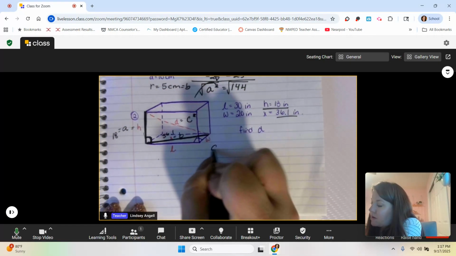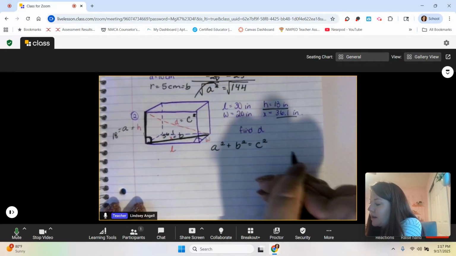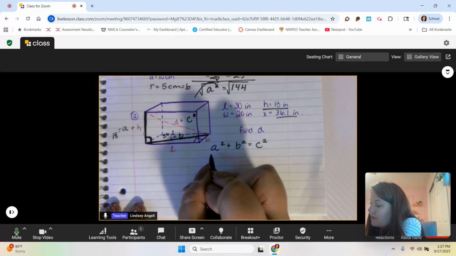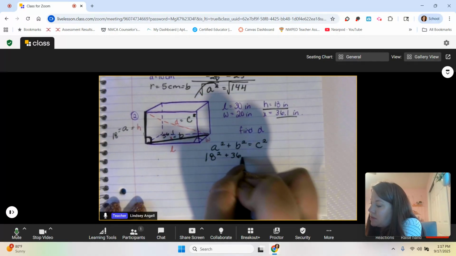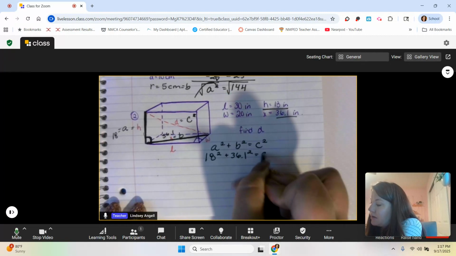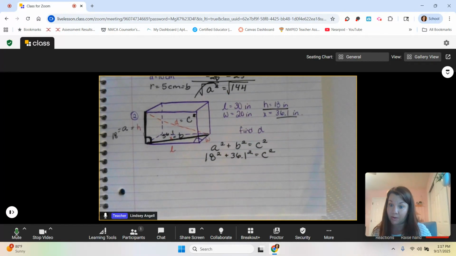So within my formula, a squared plus b squared equals c squared, I'm going to have 18 squared plus 36.1 squared equals c squared, or I could have put D squared in there also, right? So let me get my calculator back up.